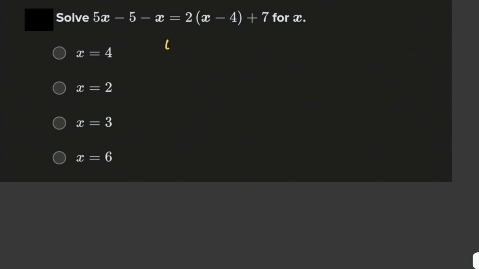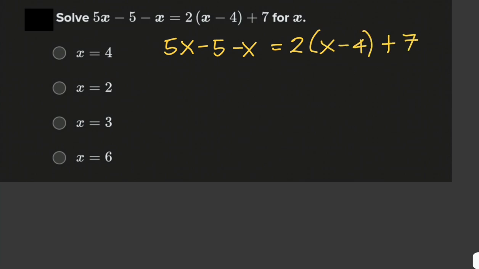So we have 5x minus 5 minus x equals 2 times x minus 4 plus 7. Then we simplify. We can combine 5x and negative x. So 5x minus x is simply 4x, minus 5, equals.